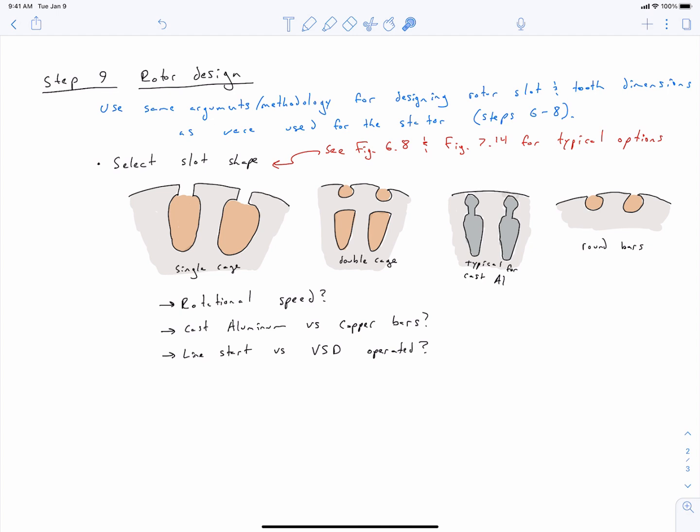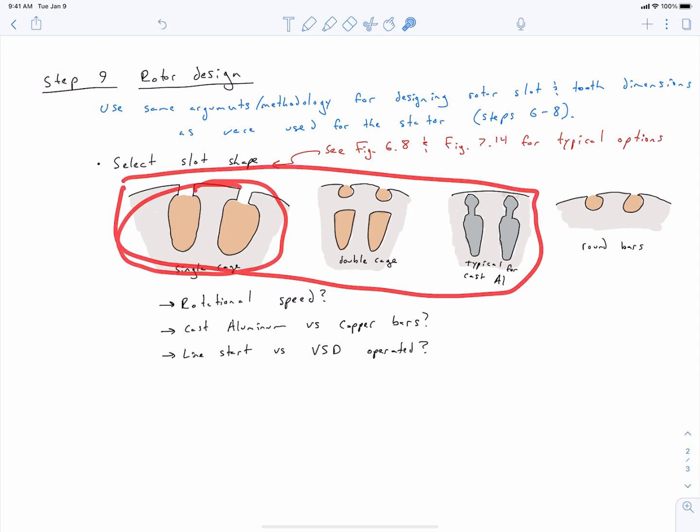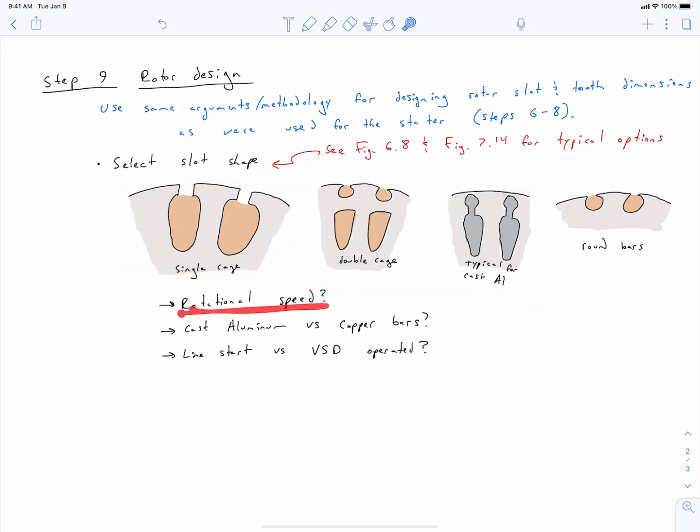That is used because it can present very high structural integrity, and you can achieve high surface speeds. It's not used very frequently at low speeds or more conventional rotor speeds. Your bread and butter induction motor is probably going to be one of these three shapes here. So rotational speed is one consideration.